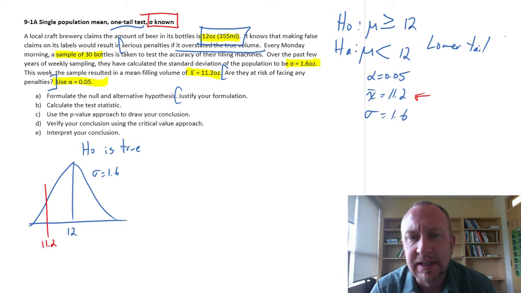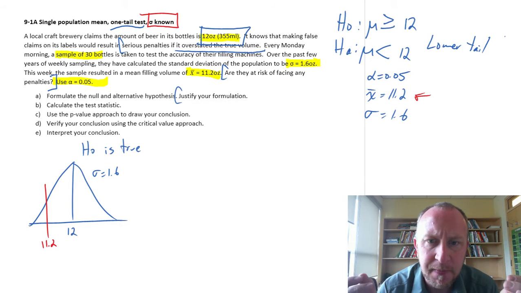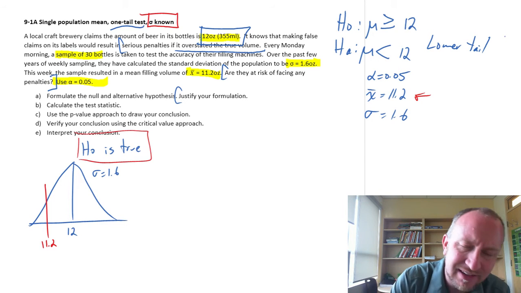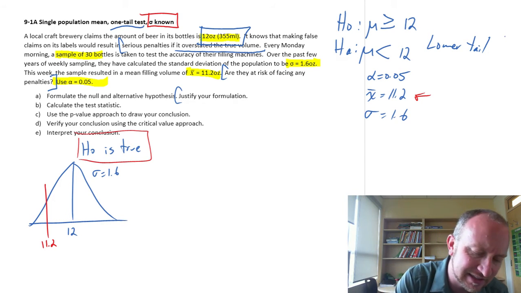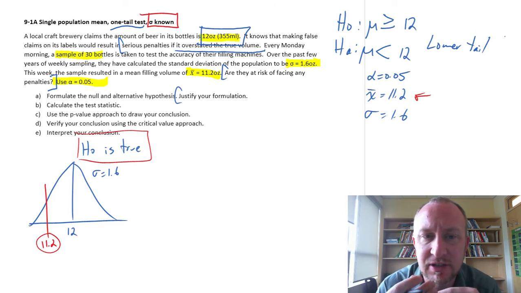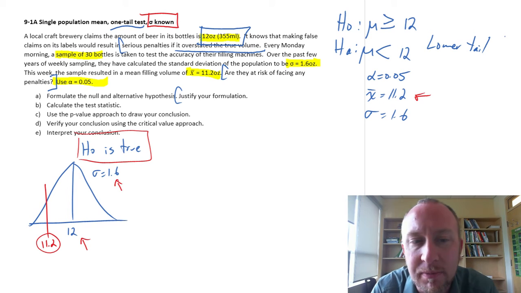The next step is to identify the probability that, if this null hypothesis is true, we get a sample value similar to this 11.2 from a distribution with a mean of 12 and standard deviation of 1.6.